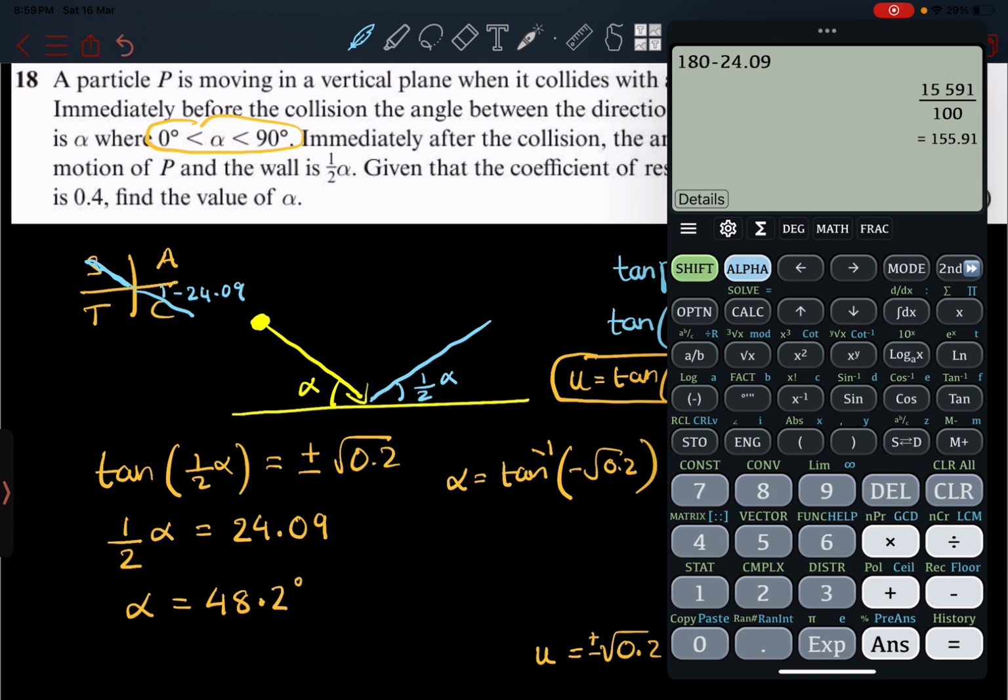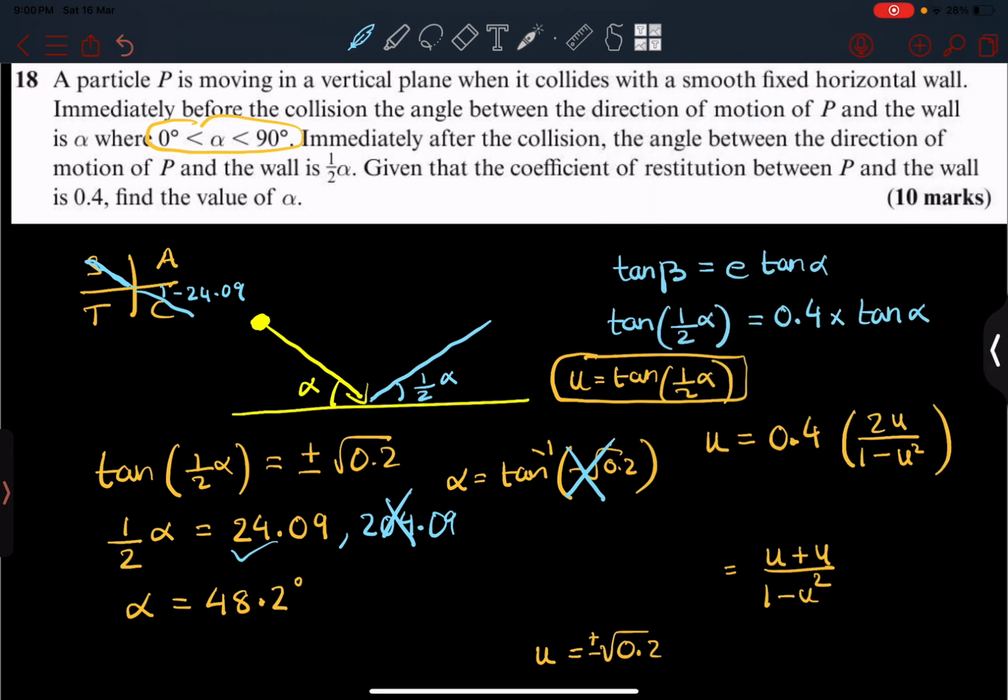So you can reject the negative square root, you can reject the 180 plus 24.09, the 204.9, you can reject this angle. You can reject the negative square roots as well. So the only one that would help us is the 24.09. So alpha is 48.2. And that concludes exercise 5.